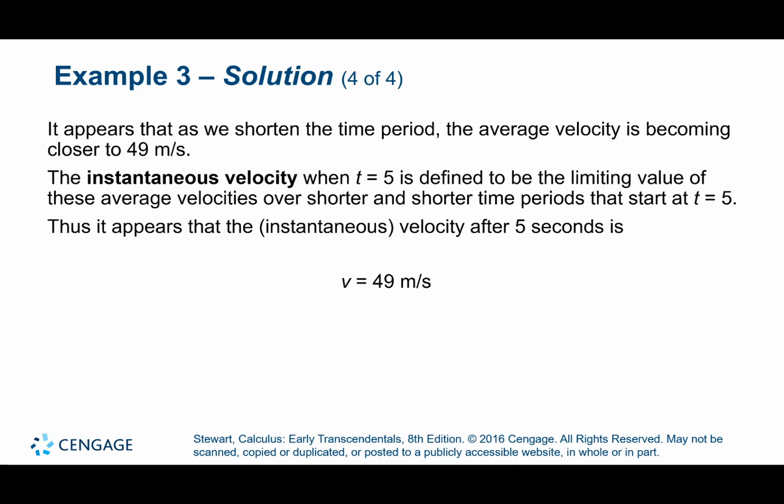At an exact point in time, t equals 5 would be 49 meters per second. And I guess I gave you the signs backward before. Since we're traveling down, they're calling down positive 49 meters.